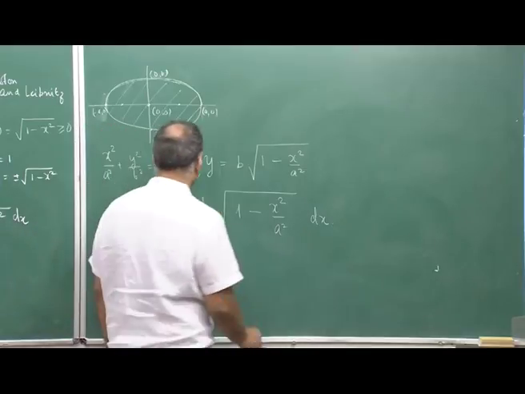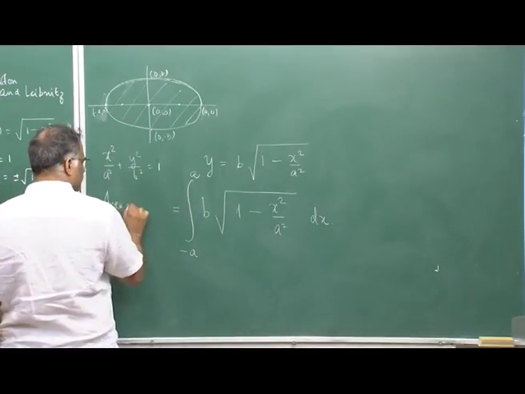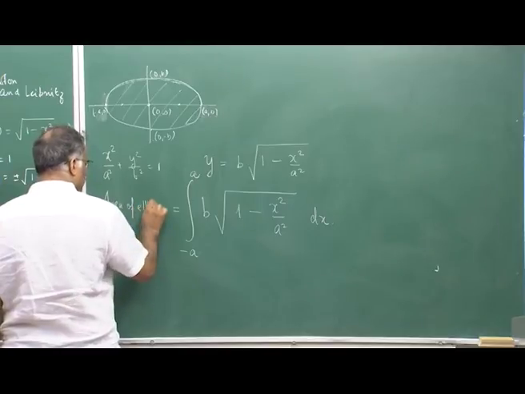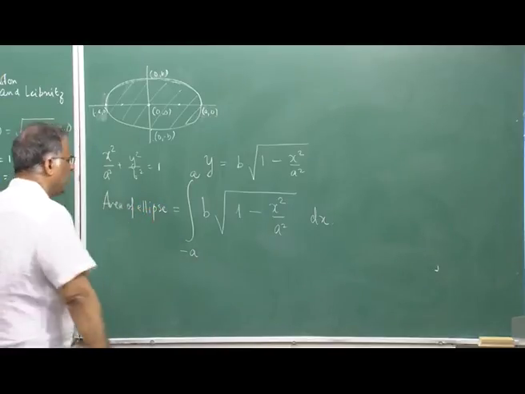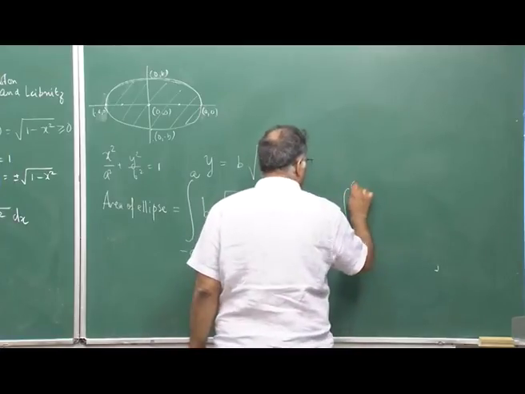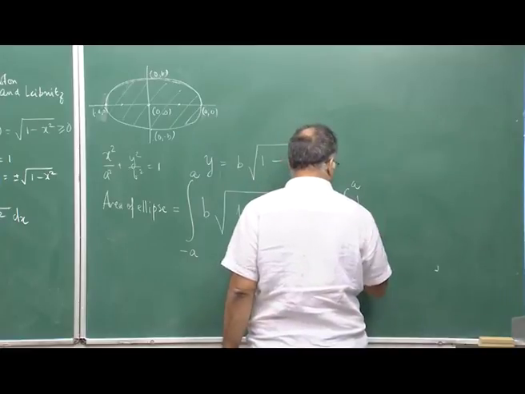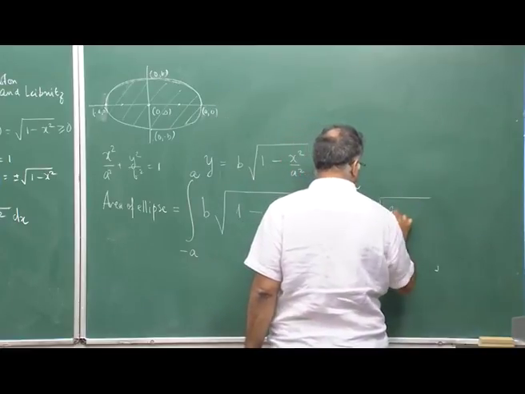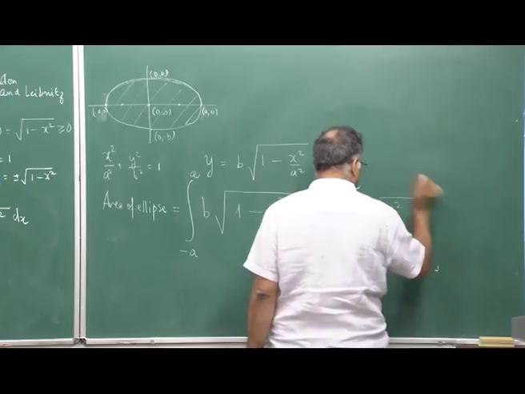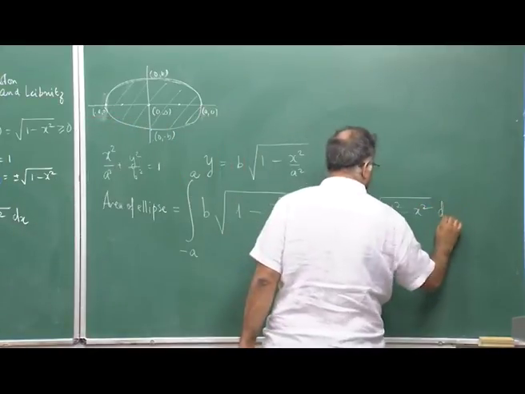So this is my area of the ellipse, and what is this? This is nothing but integral minus a to plus a, b by a into root over a square minus x square dx, of course.